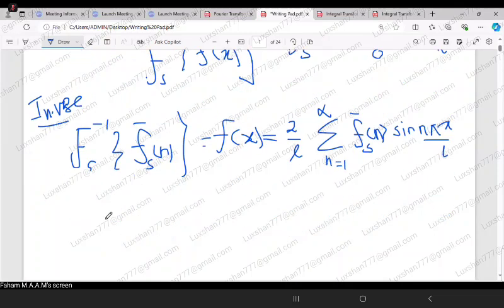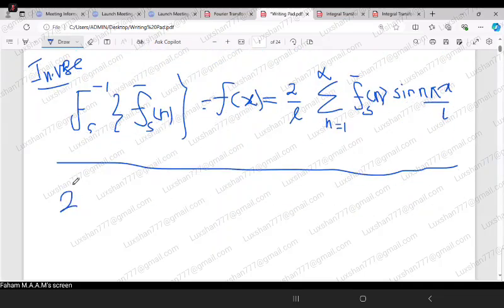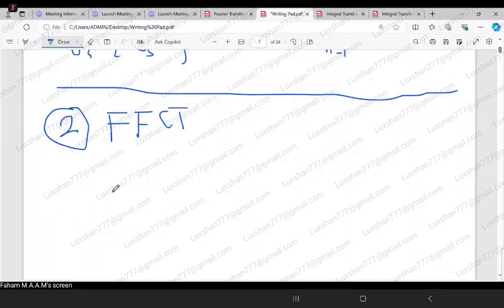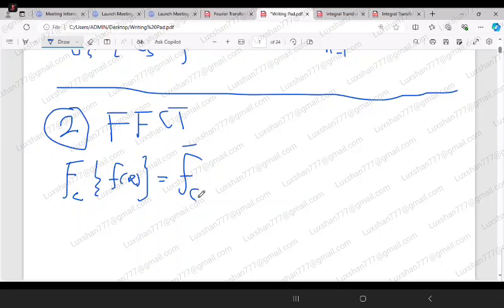Similarly, we can define the finite Fourier cosine transform, which is defined to be Fc of f(x), and we denote it by f bar c of n.